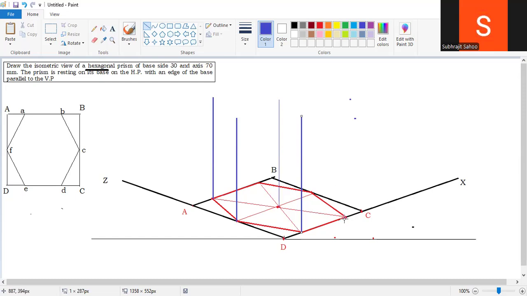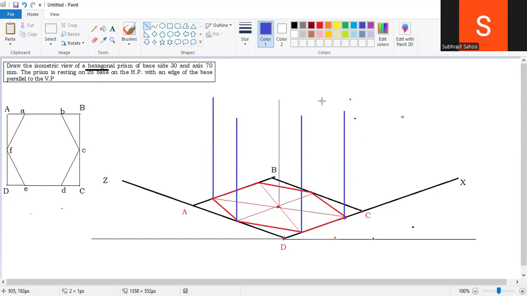From this point also I'm drawing one line, sir. Height is again 70, right? By drafter only you have to do, parallel lines will come, right?